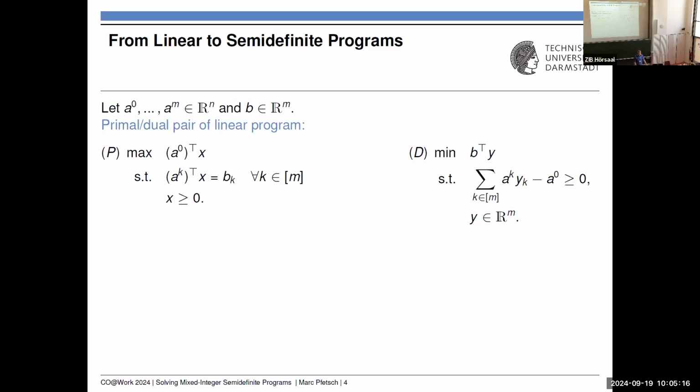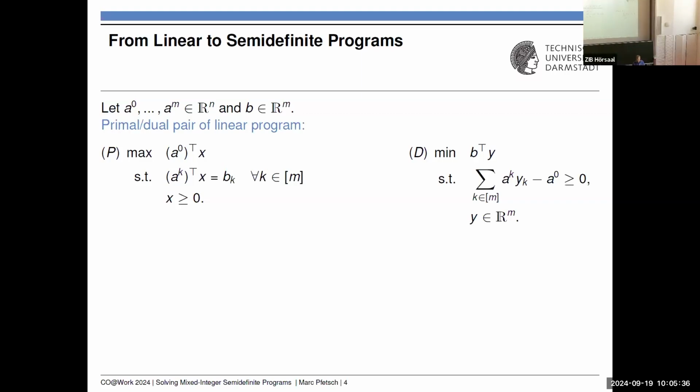On the left, we have the primal, and we have these vectors a0 up to am.